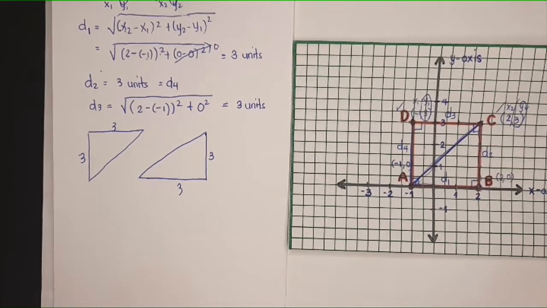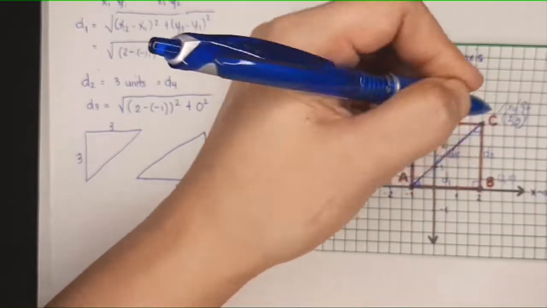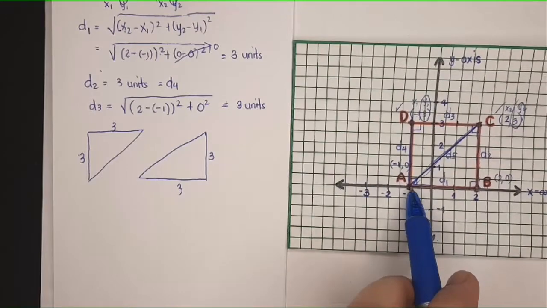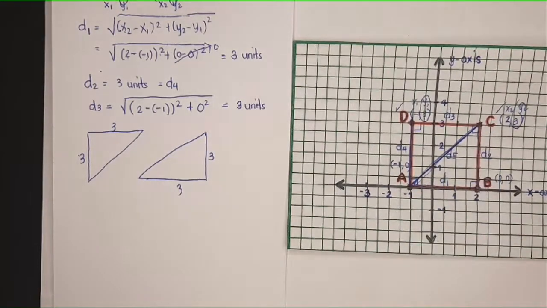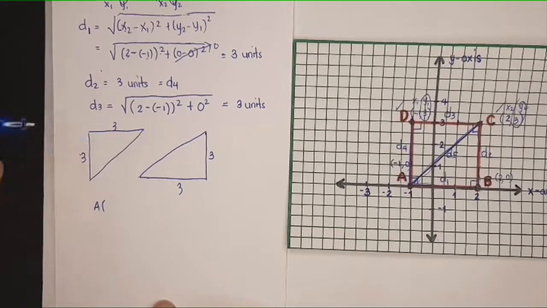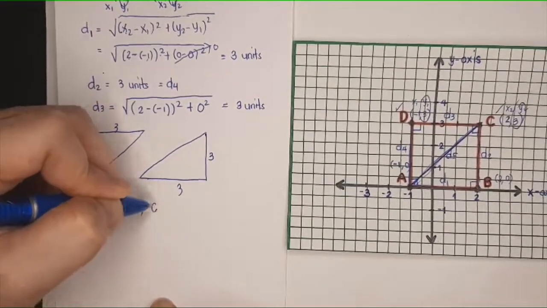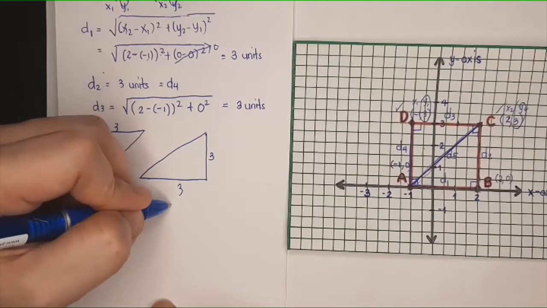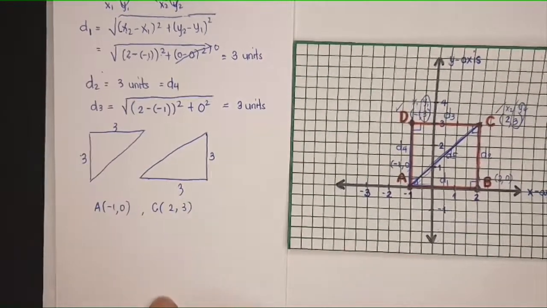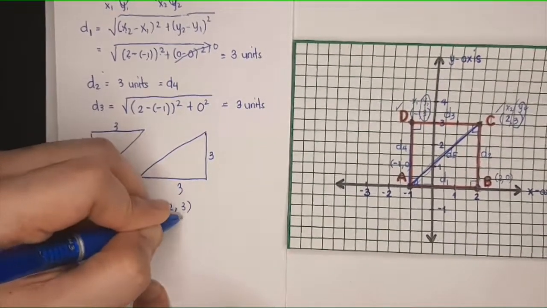Okay, so, let's name this D5. The distance between points A, C. Okay, let me write. So, again, point A has coordinates negative 1, 0. And then, point C, it has coordinates 2, 3. So, again, I'm going to put x1, y1, x2, y2.